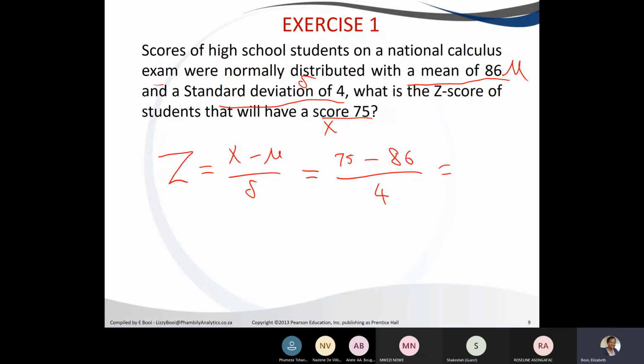When we calculate, we have 75 minus 86 equals minus 11. Minus 11 divided by 4. The answer we get is minus 2.75, and that is our Z-score.